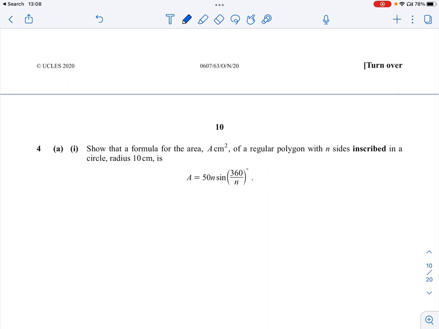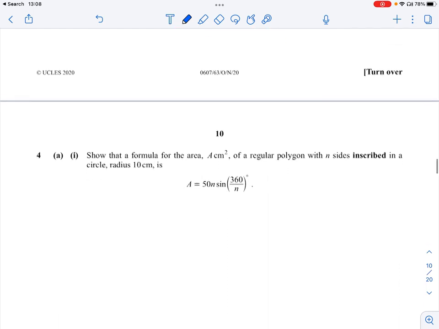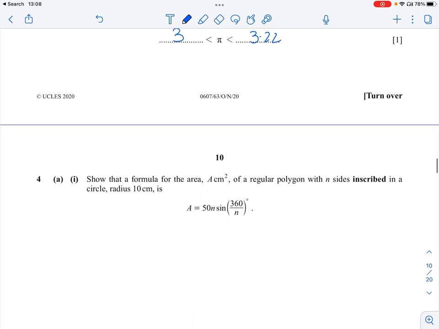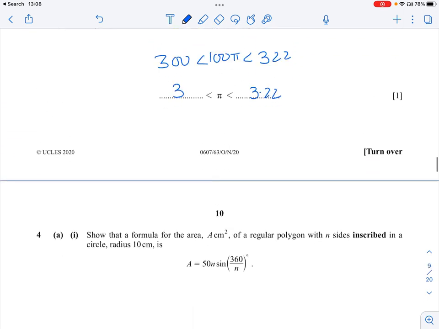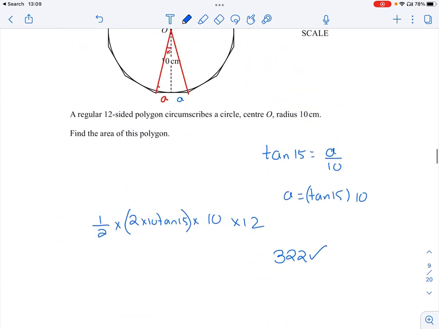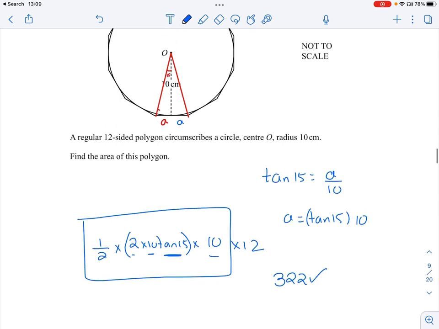So if we have seen that, when we are finding the area of one triangle, we were doing it as half times 2 times the 10 times tan 15 times 10 times 12, but he is asking us to find it in the form of sine. So first of all, we have to find the area of a triangle in the form of a sine.